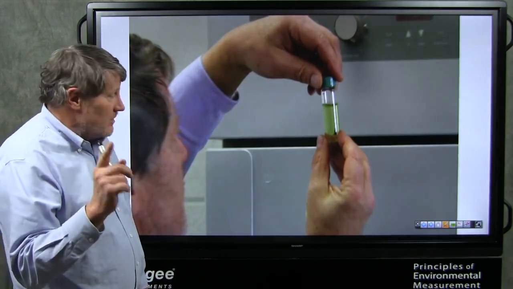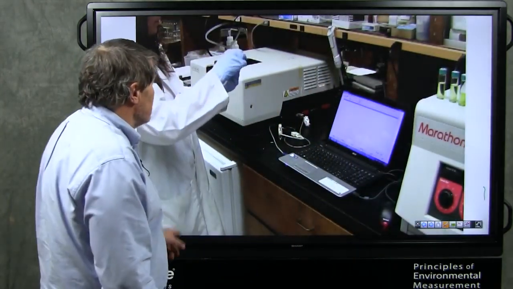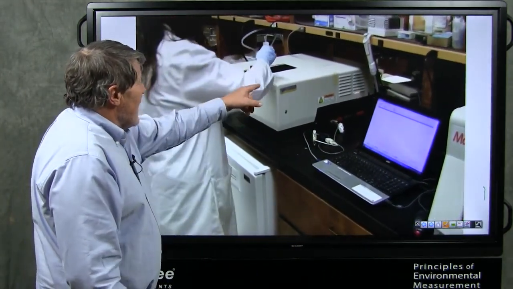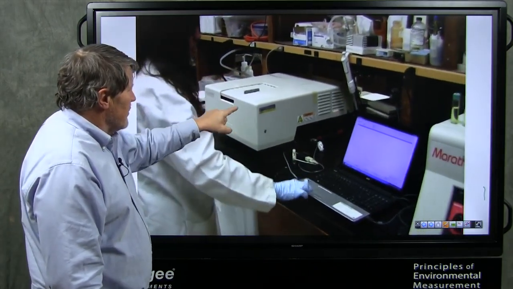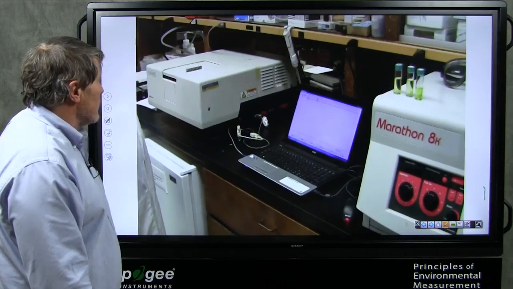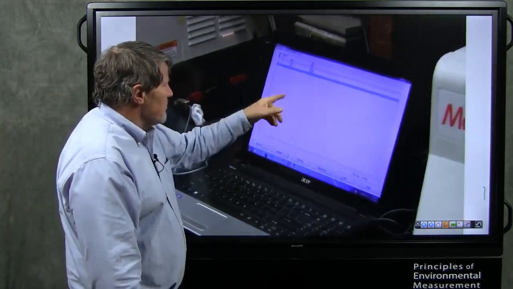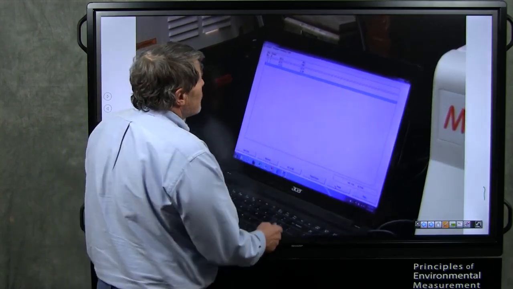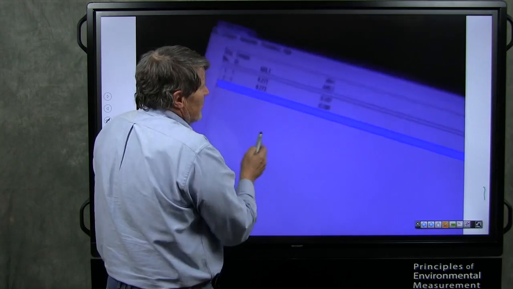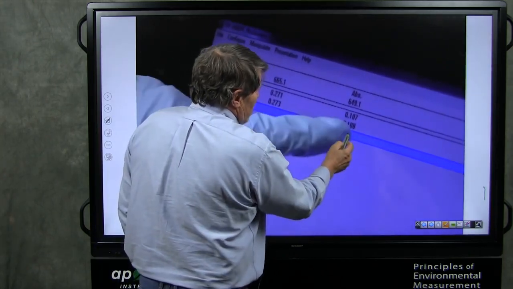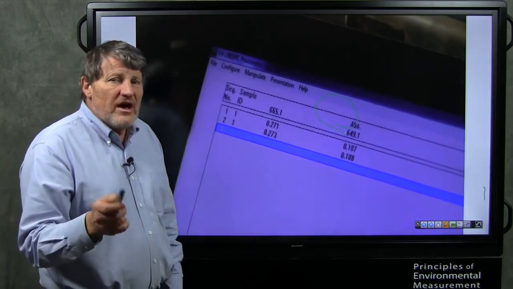This is one measurement on one leaf. Now, the next step is to bring it into the laboratory and measure it, transfer it into a cuvette, and measure it in our spectrophotometer, which scans the appropriate wavelengths and then reads them out on a computer. We'll zoom in here for you in just a minute on these values, which show the absorbance at those two wavelengths.